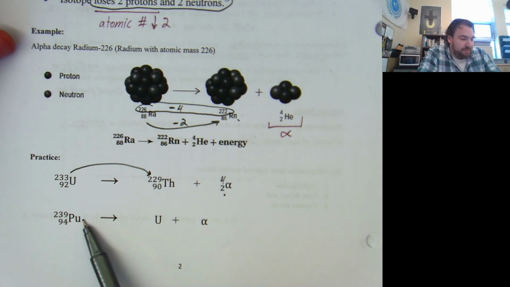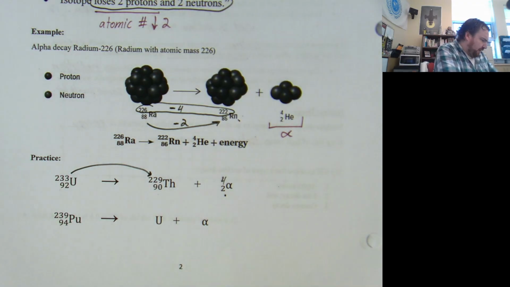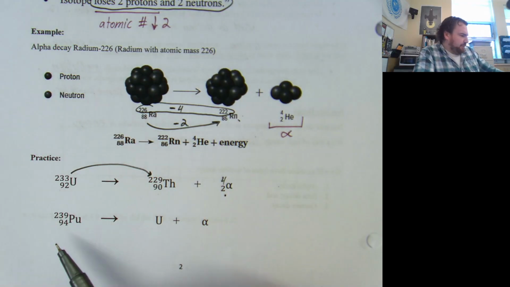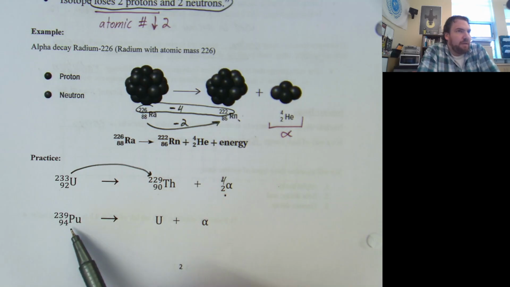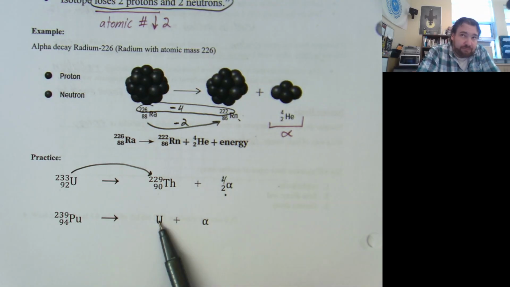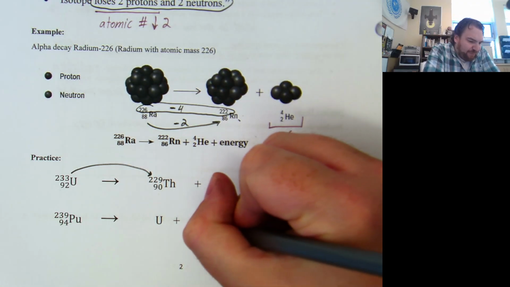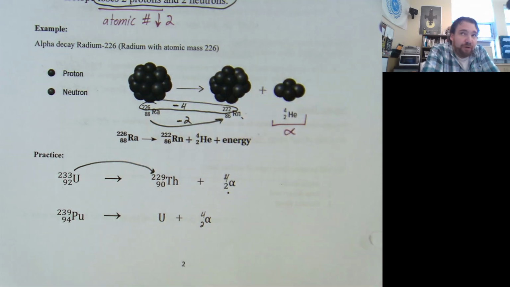This is another one. Pu is plutonium. This is plutonium-239. When plutonium undergoes alpha decay, it becomes uranium. So alpha is the easy one to label. An alpha particle is always 2 and 4.